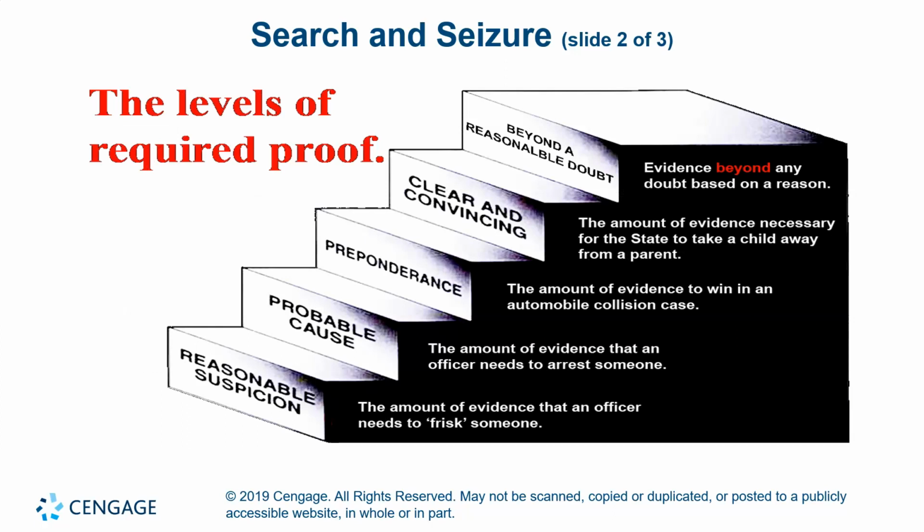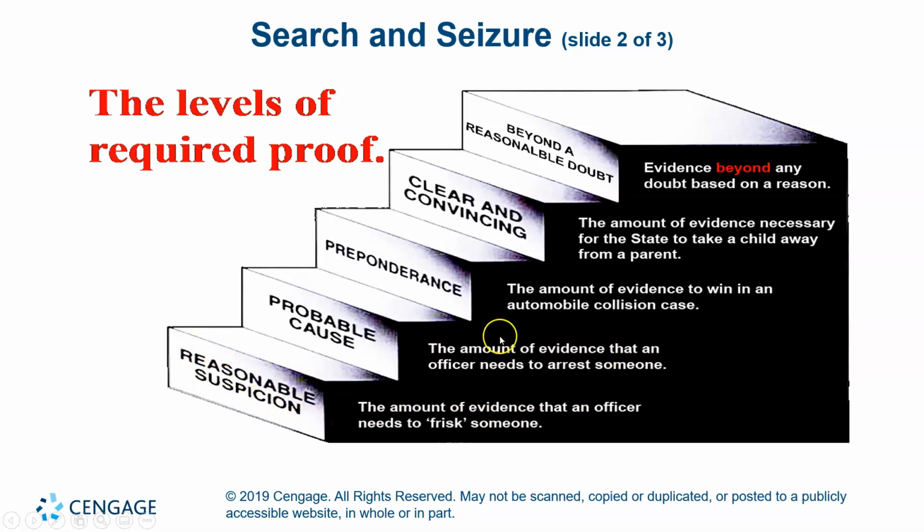You've heard about probable cause a couple of times, and here are what we call levels of required proof, or burden of proof. Some of these are used in civil cases and some in criminal cases. Reasonable suspicion is the amount of evidence that an officer needs to stop someone, even frisk them, according to the Terry versus Ohio case.